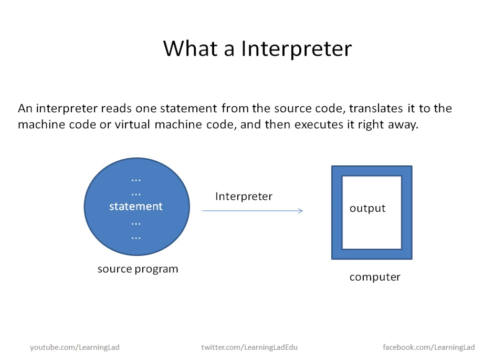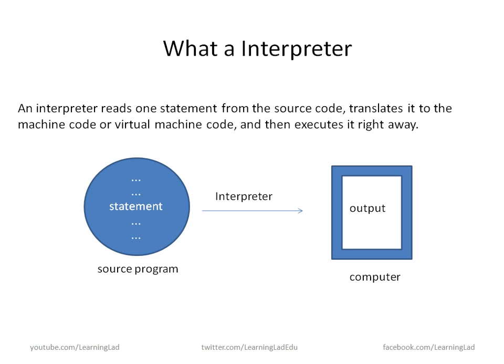It reads one statement, translates it and executes that statement right away, and then continues with the next statement. It translates that to machine code and executes it, and again takes the next statement, and similarly does this for the entire code.